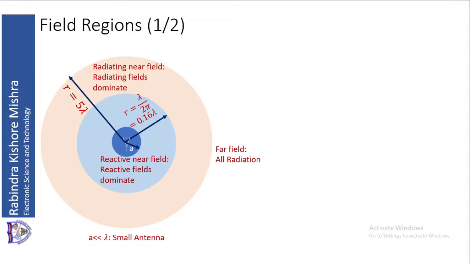You can see the deep blue portion, that is the sphere which is enclosing the antenna. Around that there is a light blue region, and around that there is a pink region. The light blue region is called the reactive near field. Why is it called the reactive near field?